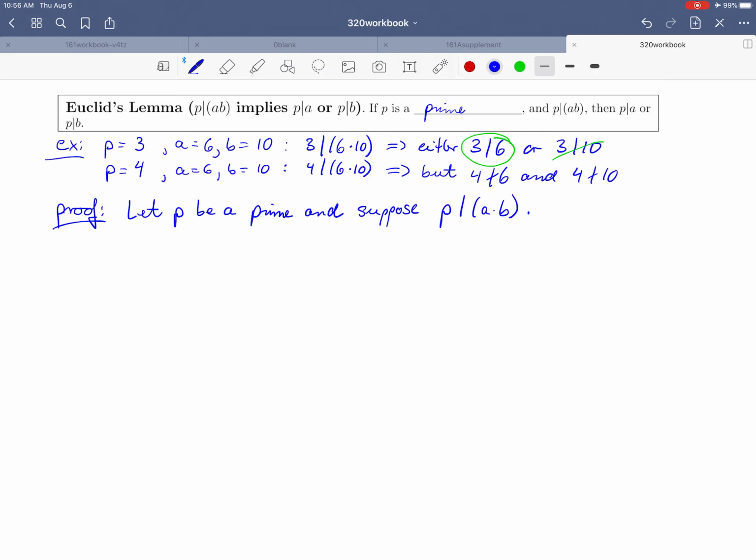How do we prove something like this? Well, in this case, since our conclusion is P divides A or B, we can start by saying we have two cases right here. So case 1 is P already does divide A, and then we are done. So if P divides A, then we are done.